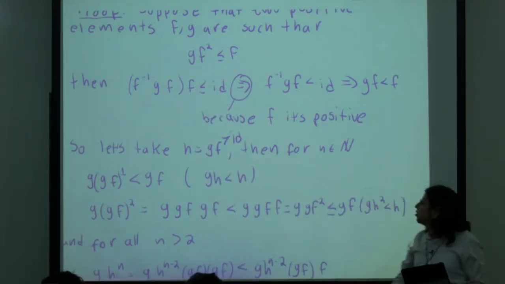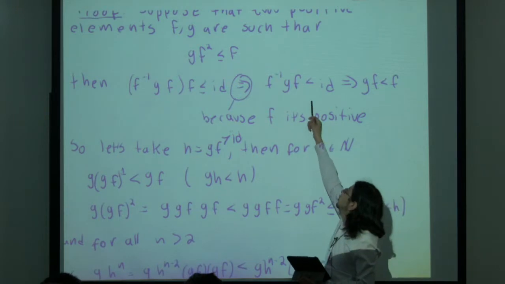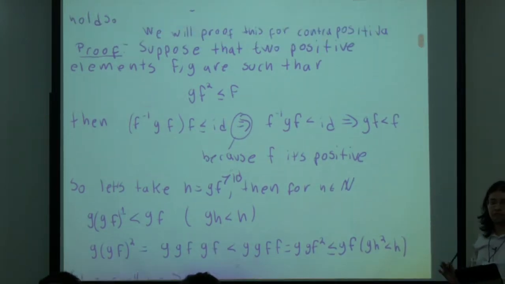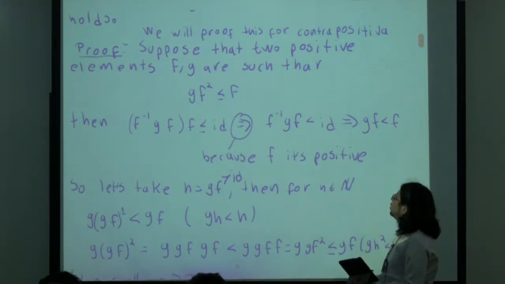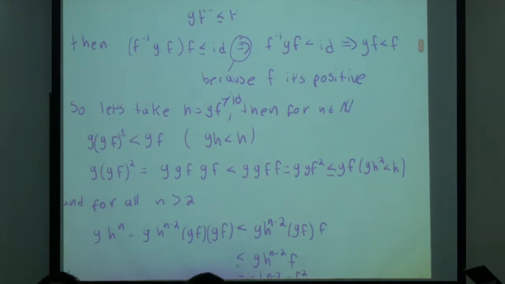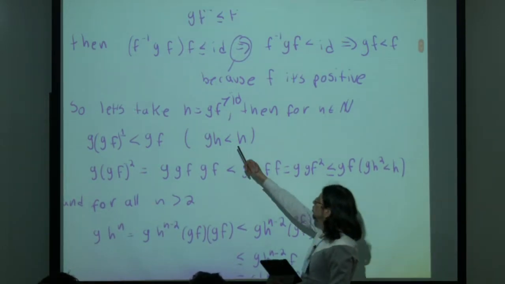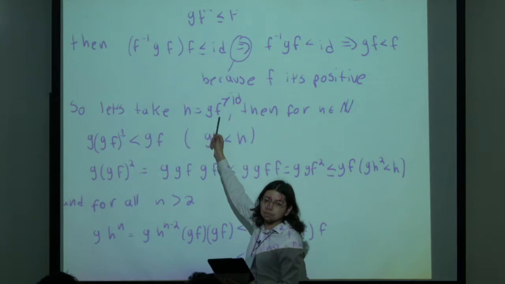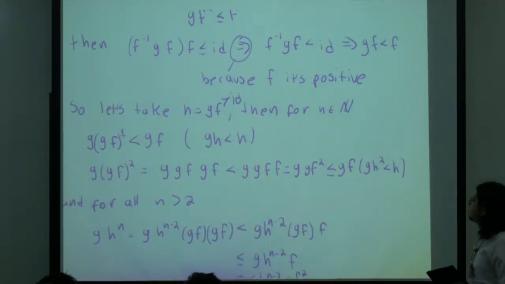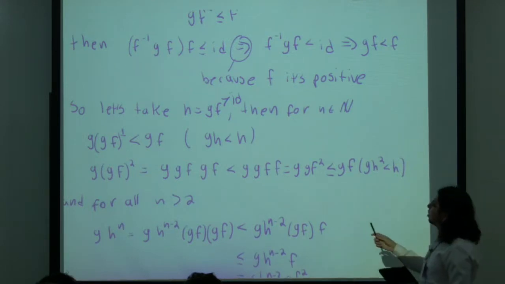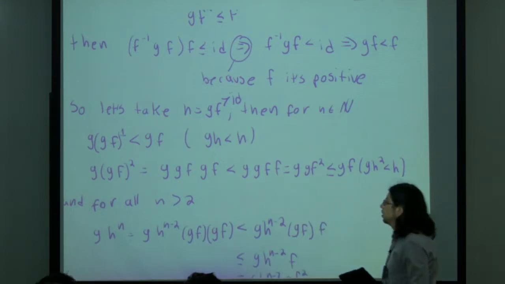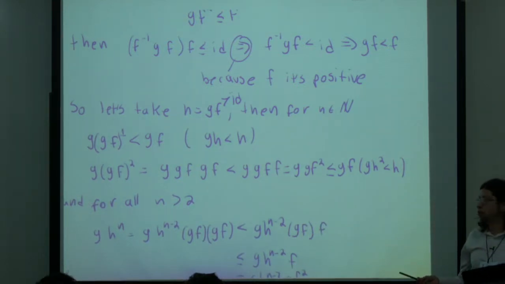So this element must be negative, so we can find this inequality, right? With that in mind, we can construct a positive element. This element is positive because it's the product of two positive elements. And we can show that the pair g and this h don't satisfy the Conrad property.